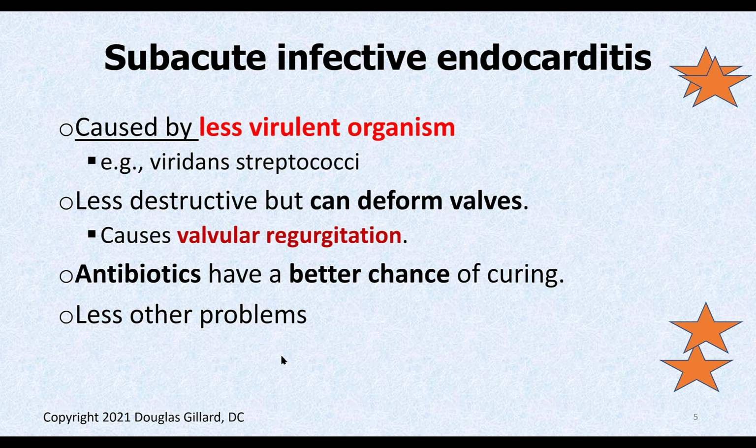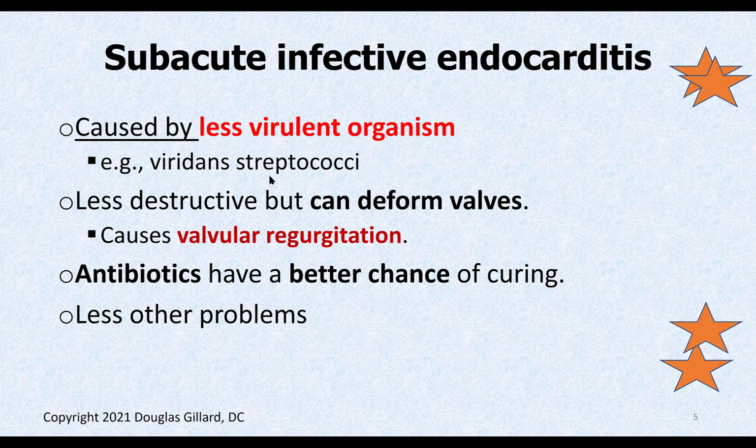Now, a subacute infective endocarditis, that's caused by a bug as well, but the bug is not as virulent. It's a bug that causes inflammation, but it doesn't multiply as fast. It doesn't stimulate quite the severe inflammation like Staphylococcus aureus does.